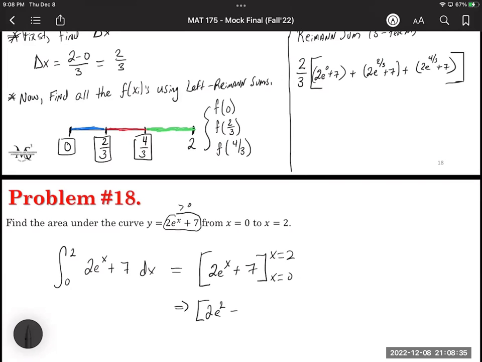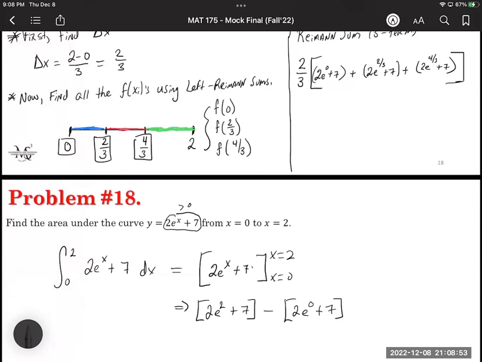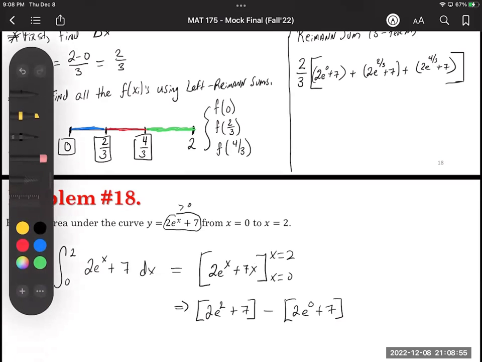So it's 2e squared plus 7 minus 2e to the 0 plus 7. And I made a little mistake here. I was rushing and I forgot to take the antiderivative of 7. Yeah, that's right, 7x. So this would have been 7 times 2, and then this would have been 7 times 0.